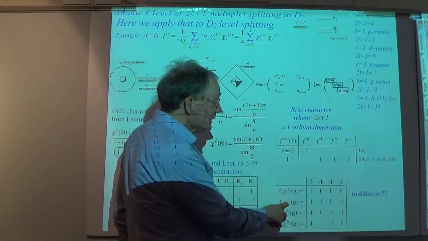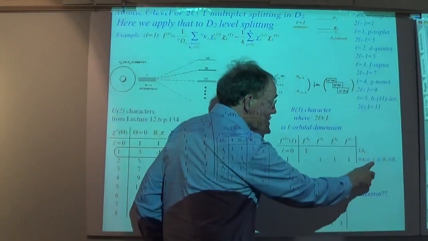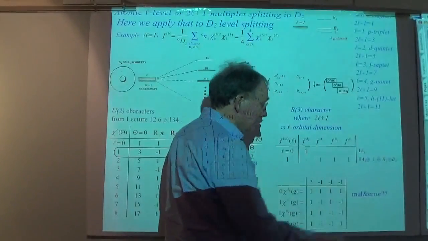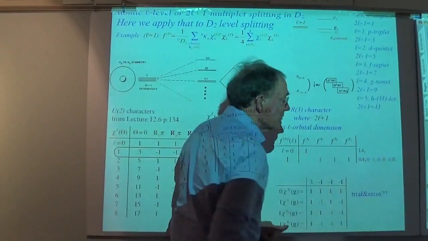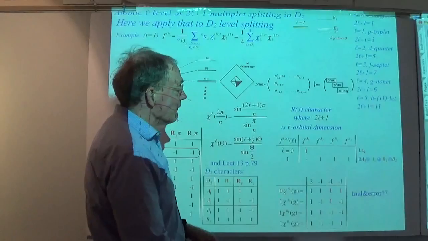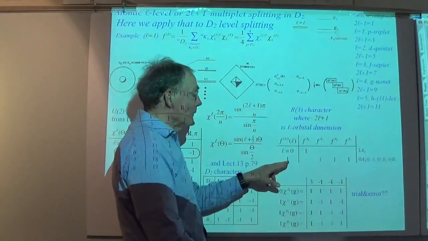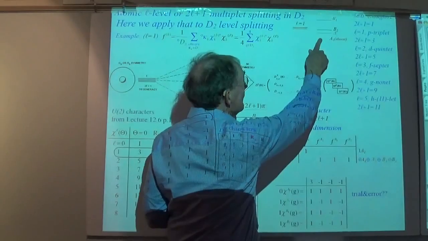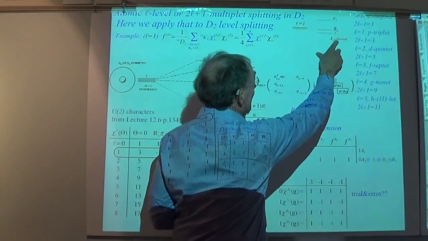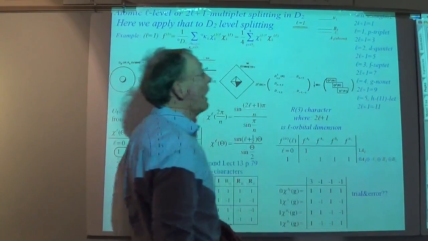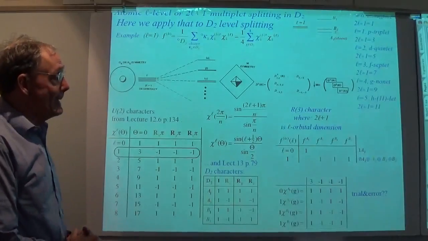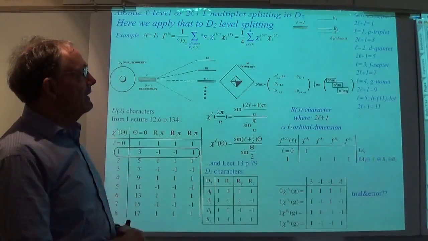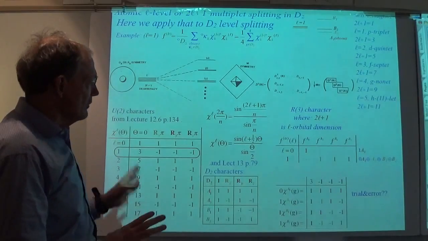I get 1 A2 right here. I get a B1, and I get a B2. That's the content listing of this particular orbital, p orbital, angular momentum 1. And there's a picture of it split, mentioning that A1 is not used, but the other 3 are. Okay, so that's a crude introduction to character theory for this group D2.